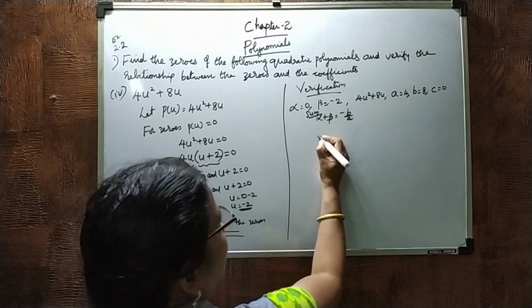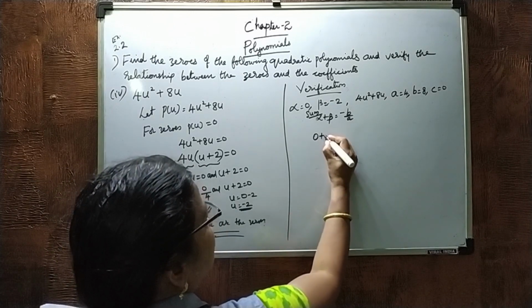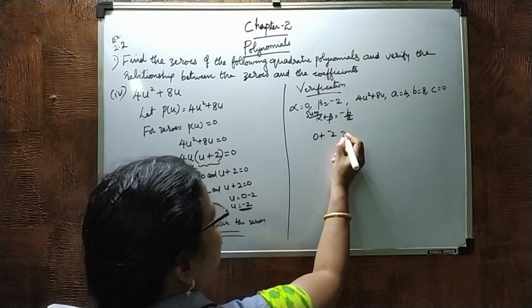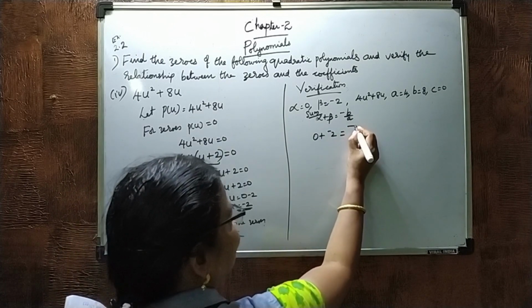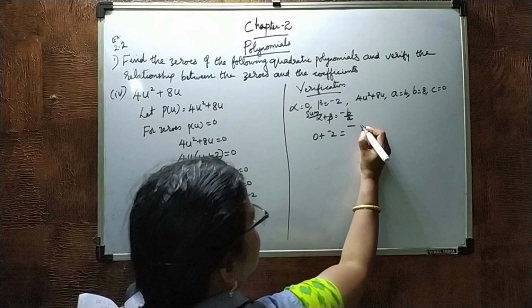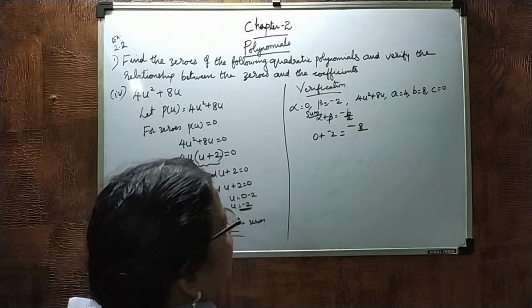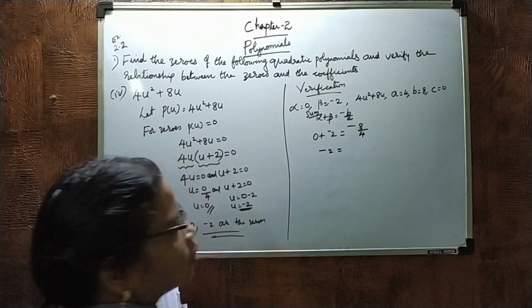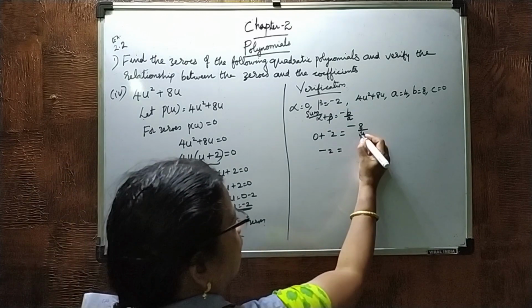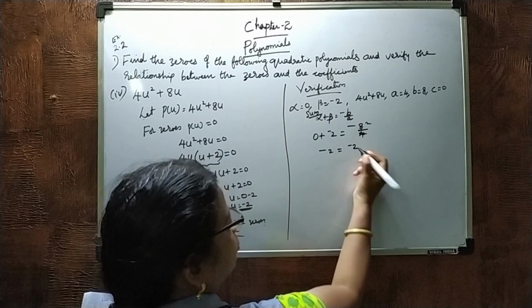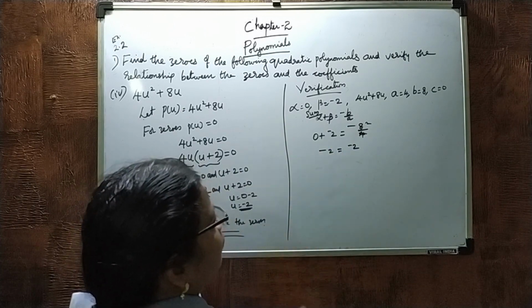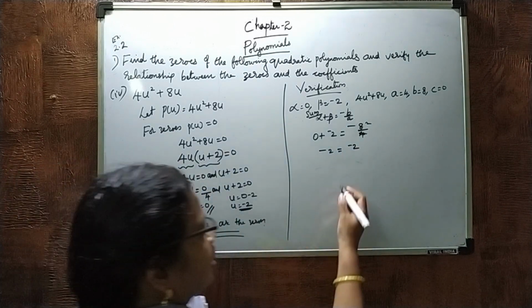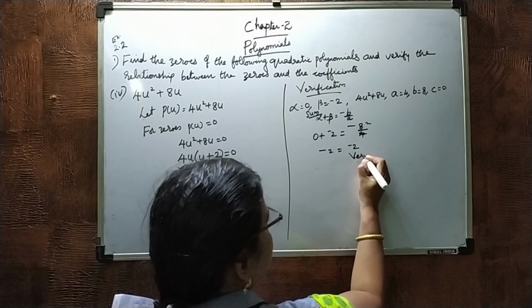Then alpha plus beta is 0 plus negative 2, equals negative b, which is 8, by a, which is 4. So 0 plus negative 2 is negative 2 and here it is negative 2. That means alpha plus beta is equal to negative b by a and it is verified.